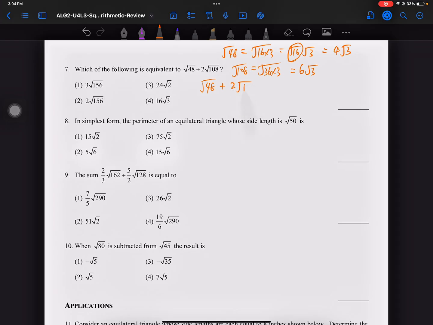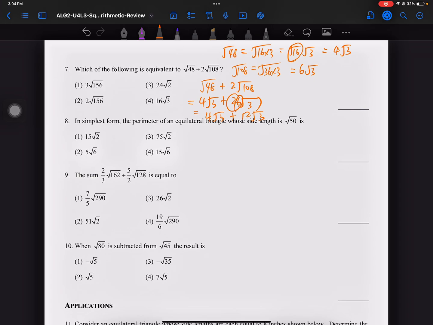So now 4 square root of 3 plus 2 times 6 square root of 3. So next it is 4 square root of 3 plus this one multiplied, which becomes 12 square root of 3. So actually we see that there are like terms. Both terms are something times square root of 3.